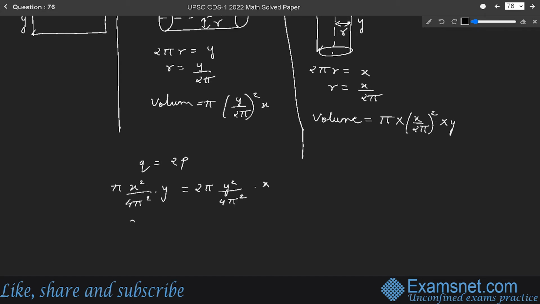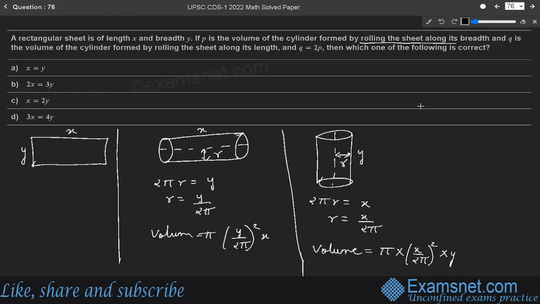Now further solving this, it will be x square y is equal to 2y square x, which gives x is equal to 2y. Therefore, this is the correct statement. The correct option is option C, x is equal to 2y. See, it was this simple a question. By looking at the question we get so confused, but it is a very, very simple question.